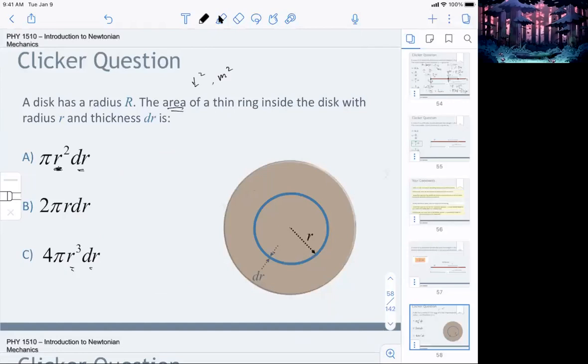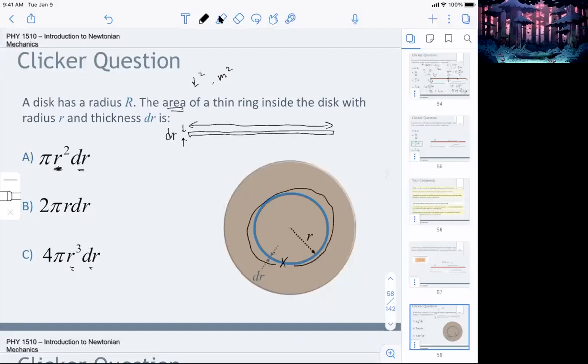Okay, so how do we calculate it? Well, this thin ring, if you make a little cut, like use a scissor and cut it and expand it, what does it become? It becomes a very long rectangle, right? So the thickness is dr. And the length is how long the ring is, which is the circumference.